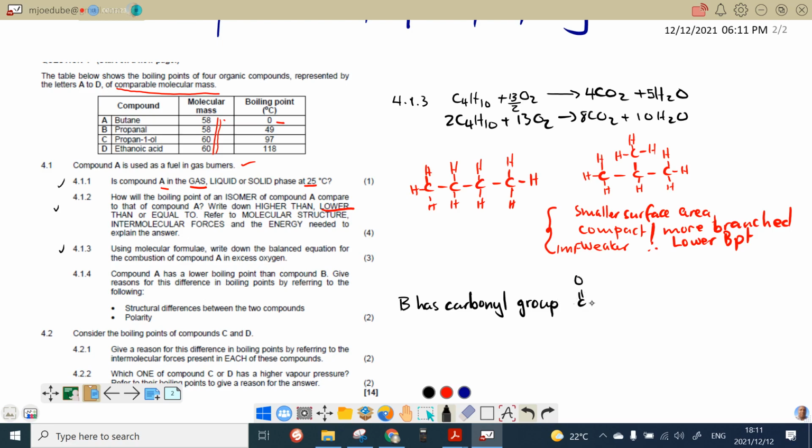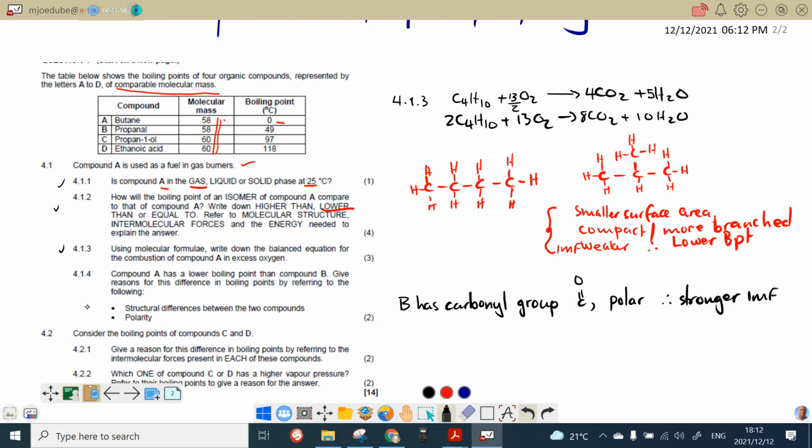And this group is polar, right? So it's a polar molecule, and therefore the forces holding it are going to be stronger. So it's got stronger intermolecular forces as compared to the London forces that exist within the butane molecule, which is non-polar.